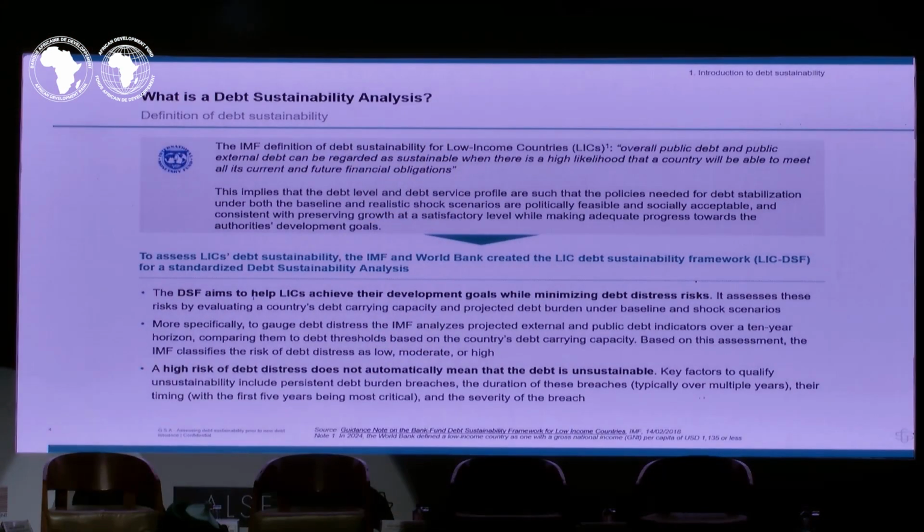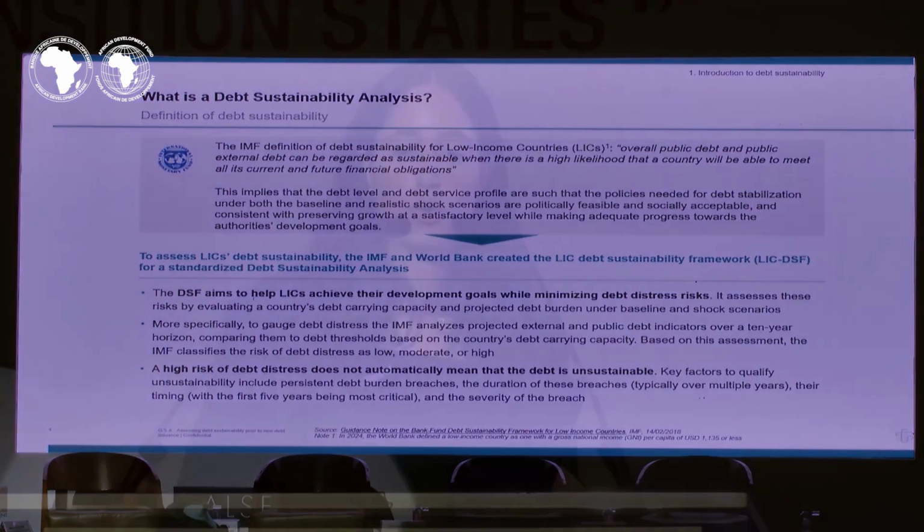In public finance, in a general way, debt sustainability, as you may know and as was already stated in several sessions before, refers to a government's ability to meet its current and future debt service obligations without resorting to debt restructuring or compromising its growth and development goals.